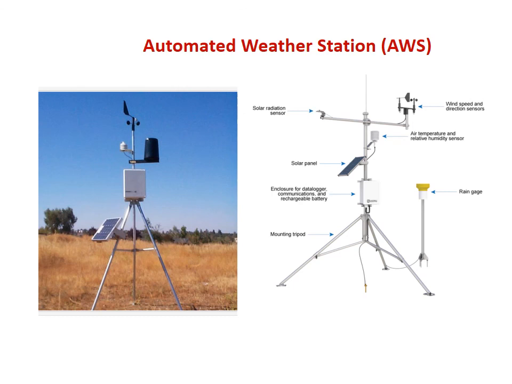At the same time, if you have installed such a weather station in a remote location, you can have the data collected from it with the help of satellite technology on your mobile phone. Sitting in your laboratory or in your office, you can collect the entire data. So this is now a very common practice, to have automated weather stations at different locations.